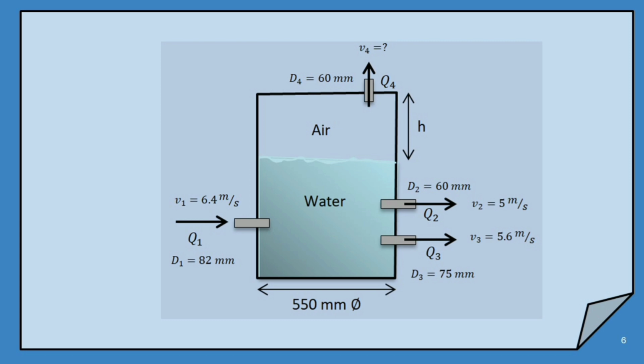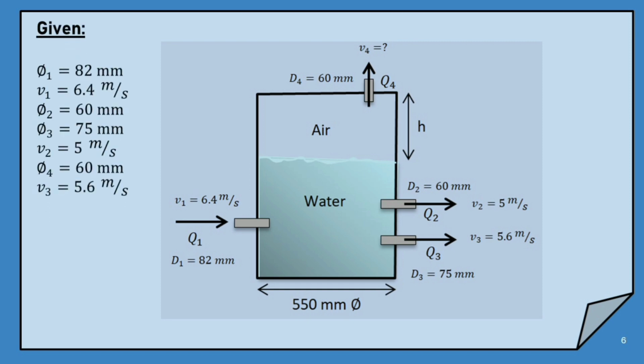And also we have the diameter of the cylinder, that is 550 millimeters, and the height of the air inside the container, denoted by small letter h.